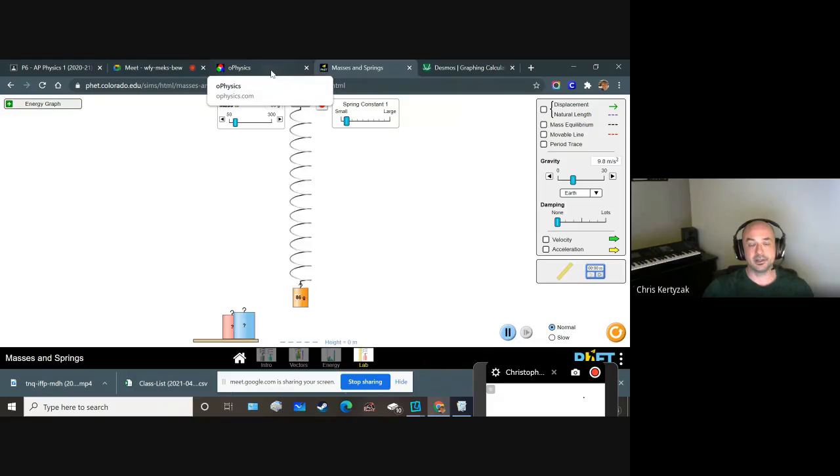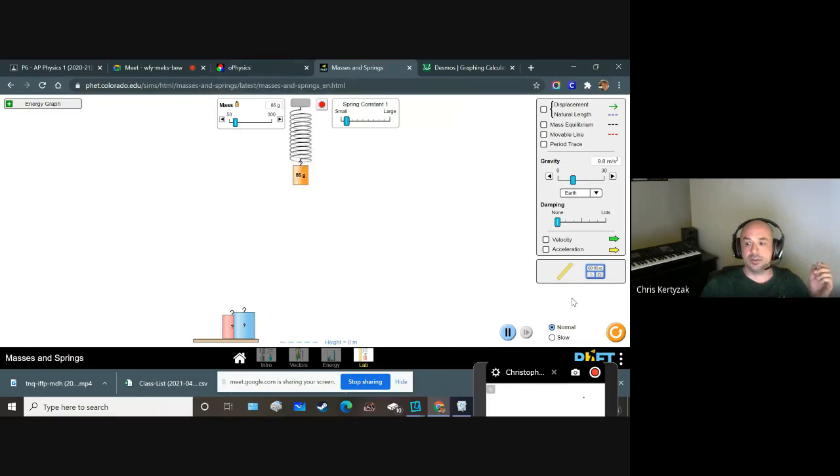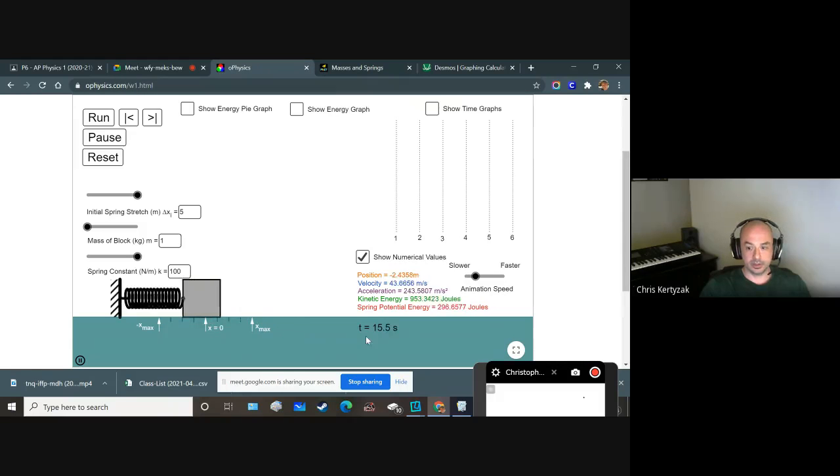Again, usually for a physics problem on the AP exam or in a textbook, we refer to the middle point, which is right about here, the equilibrium line. Usually we label that position 0, like they've done in this simulator.